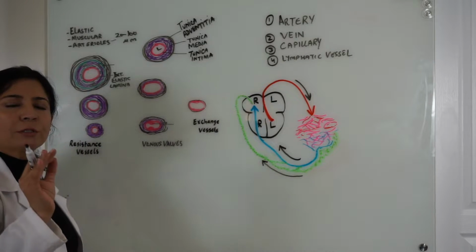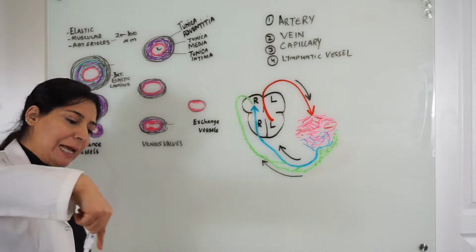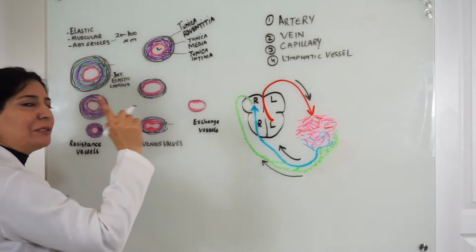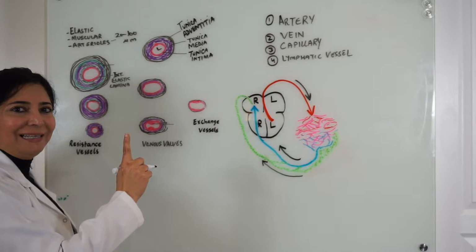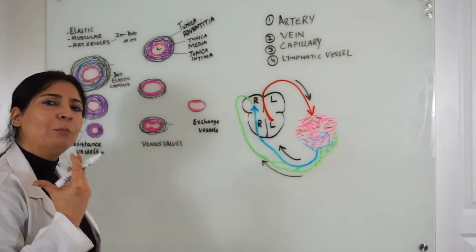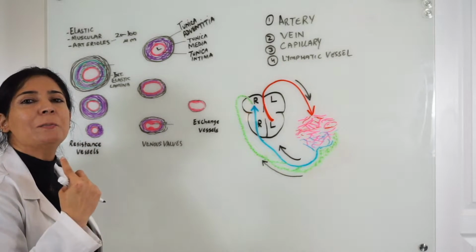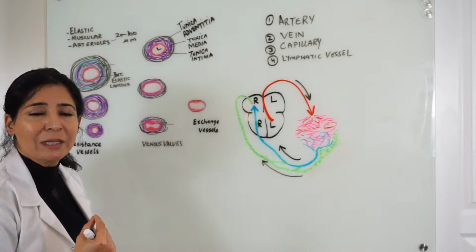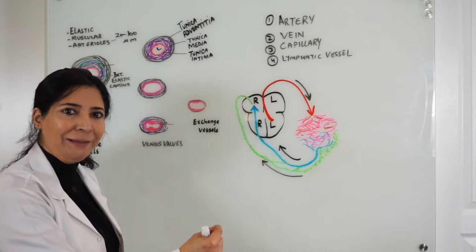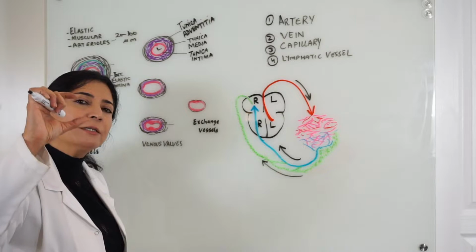It has pores or holes. This is known as the internal elastic lamina. It's lining the intima from outside. Then we have the strands of smooth muscle fibers. I forgot to mention that in almost all the vessels, the tunica media is composed of concentrically arranged bands of smooth muscle cells, and the smooth muscle cells have the ability to contract as per the signal. So they basically monitor the caliber or the lumen size of the vessel.